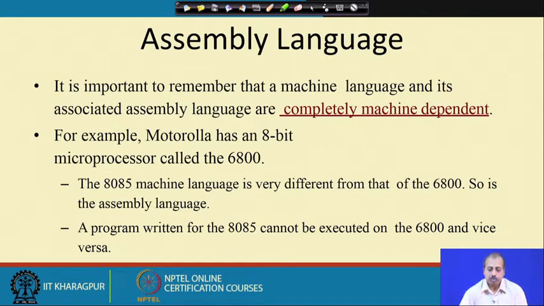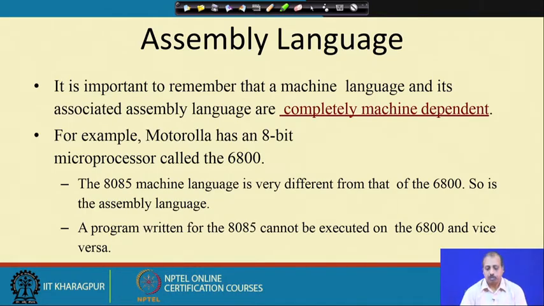If you look at Motorola's 8-bit processor 6800, the 8085 is from Intel and the 6800 is from Motorola. The 8085's machine language is very different from that of the 6800, and so is the assembly language. They are different. A program written for 8085 cannot be executed on 6800, or vice versa.